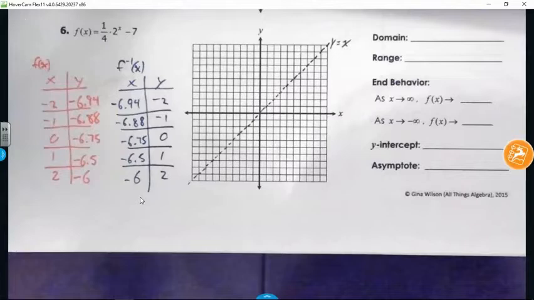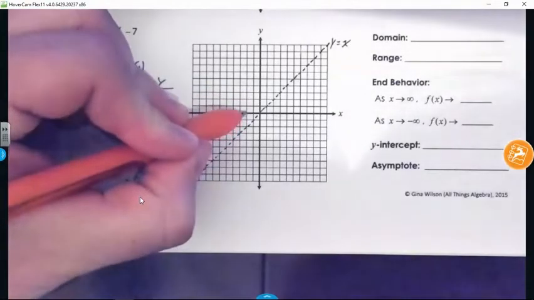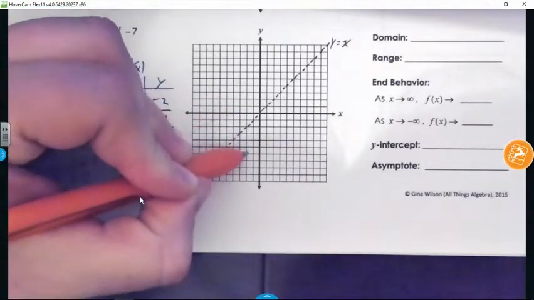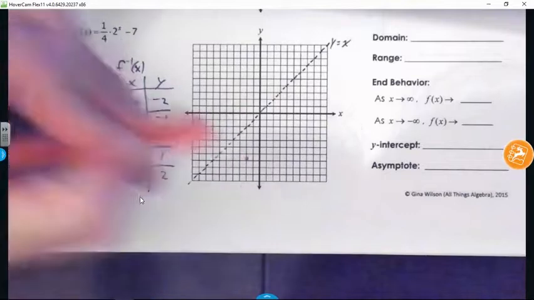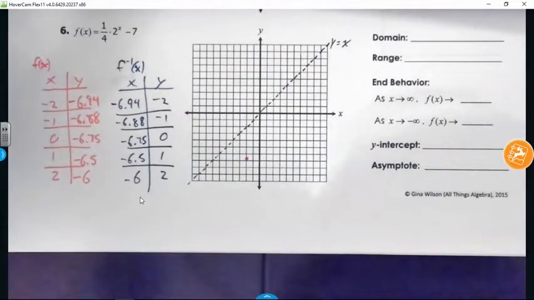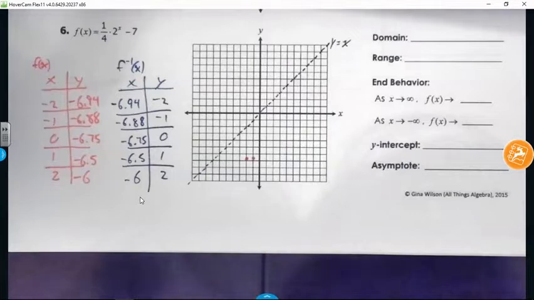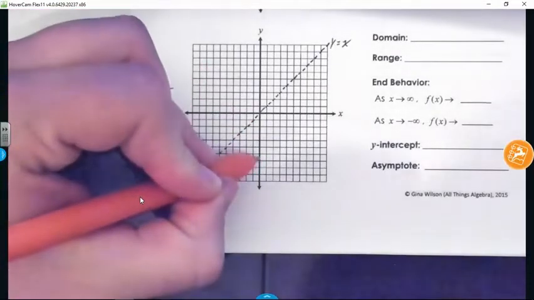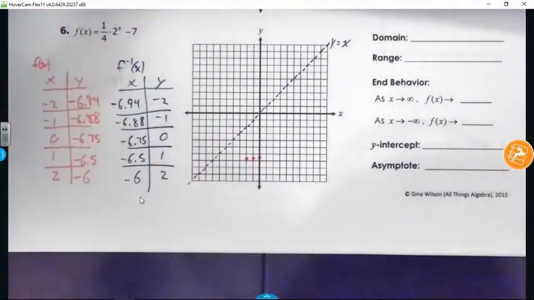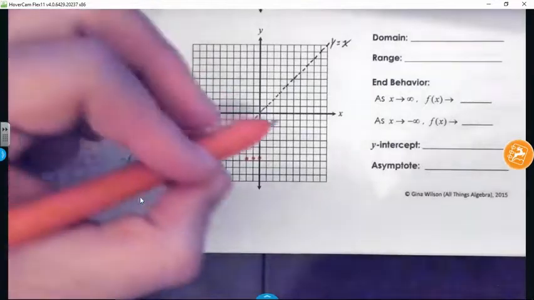-2 and negative 6.94. Negative 1, negative 6.88. 0, negative 6.75. 1, negative 6.5.